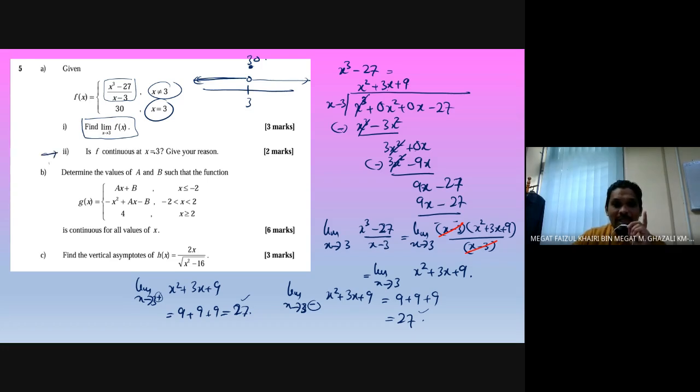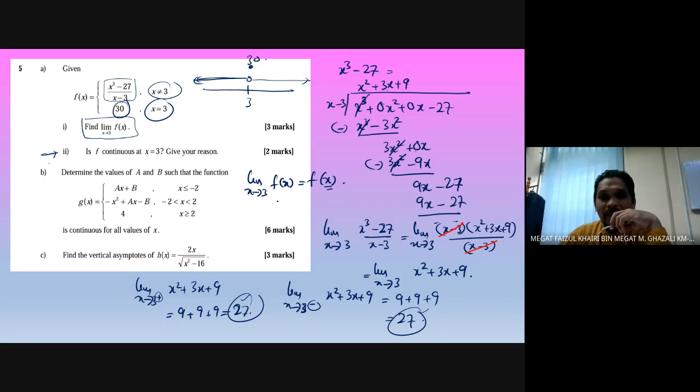If f is continuous at x equal to 3, the condition is that the limit x approaching 3 of the function f(x) must exactly equal f(3). So, the limit x approaching 3 of the function is 27. We agree just now. But then when x is exactly equal to 3, the value is 30.